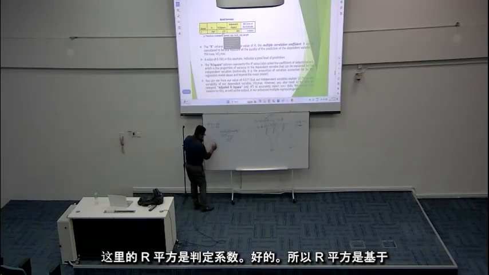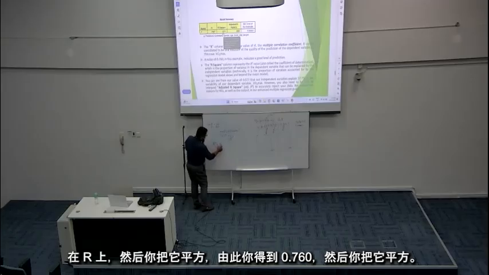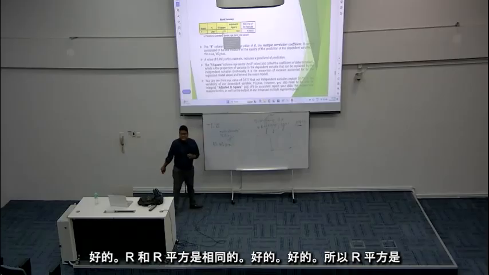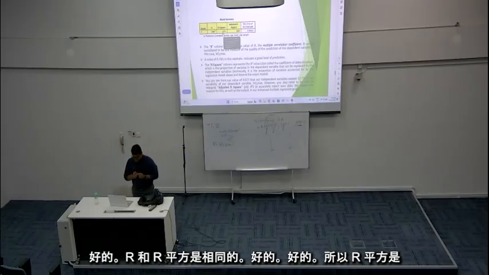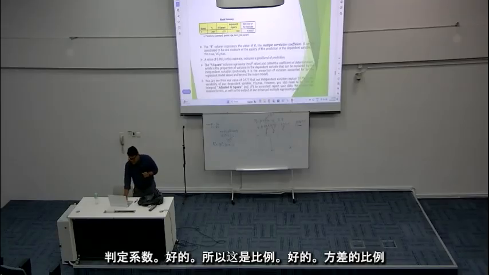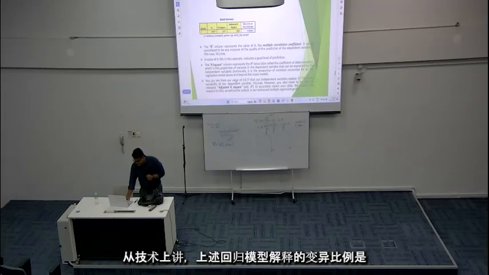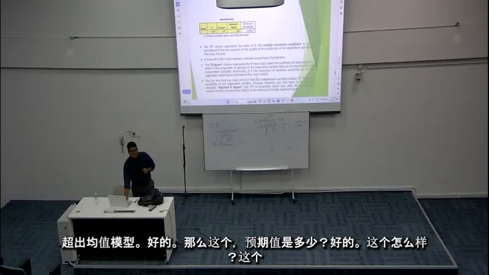R square is based on R, and then you square it. It is the proportion of the variance in the dependent variable that can be explained by the independent variables. Technically it's the proportion of variation accounted for by the regression model above and beyond the mean model. So what is the expected value?